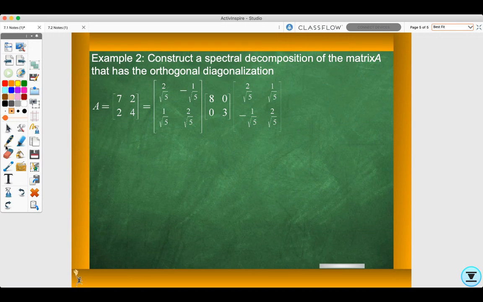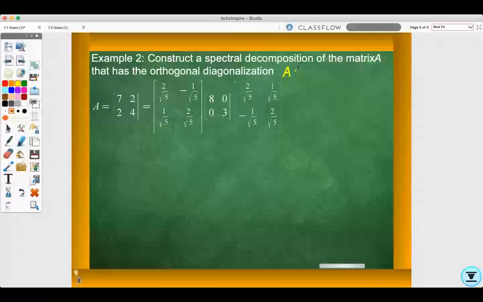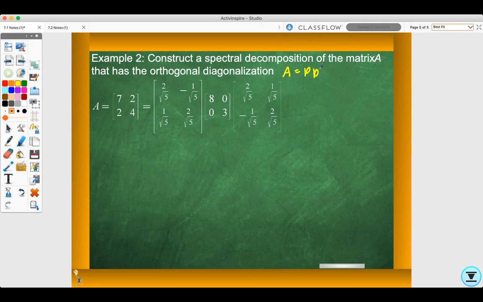Let's look at example 2. Construct a spectral decomposition of matrix A that has the orthogonal diagonalization. So here you need to keep in mind that A equals P D P inverse. We're going to denote columns of P with U1 and U2.